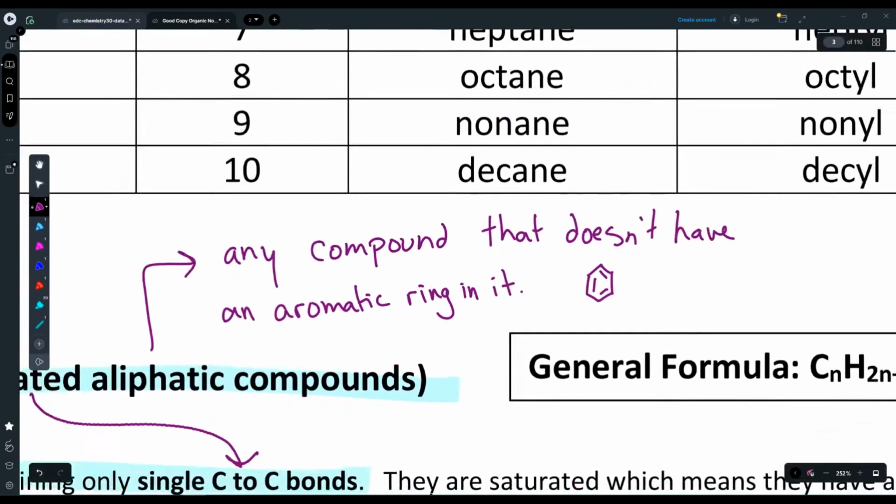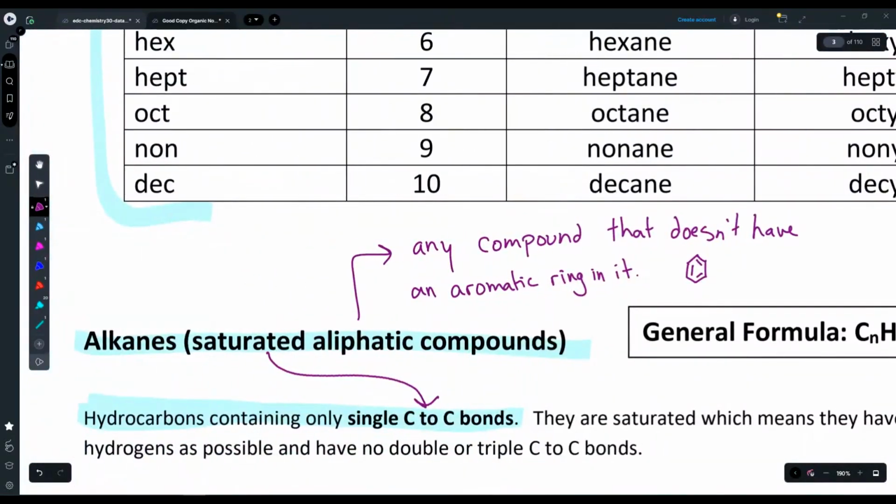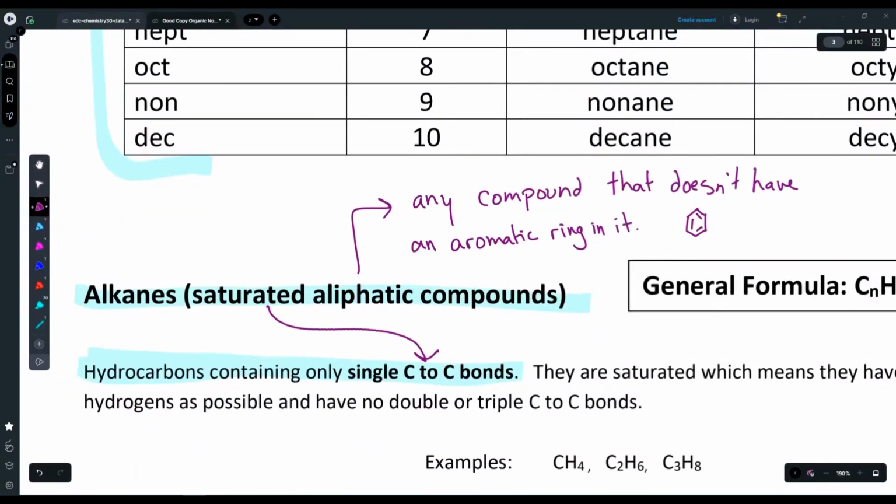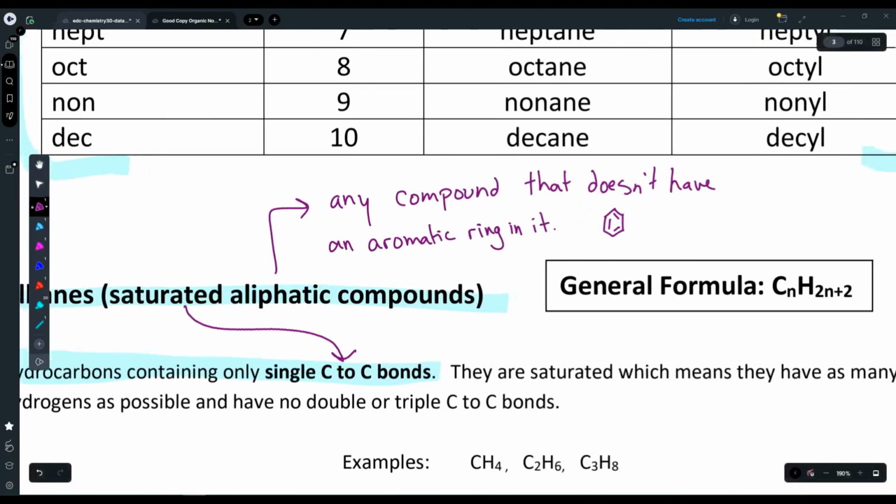Alternatively, if you want to think of it more in relation to alkanes, if a compound has benzene or this aromatic ring in it, then it is no longer considered aliphatic. So alkanes are saturated aliphatic compounds, which means they only have single carbon-to-carbon bonds and there are no benzene rings in it.